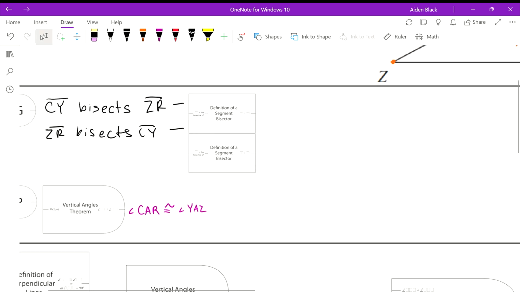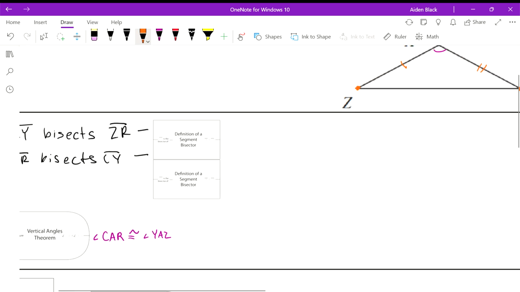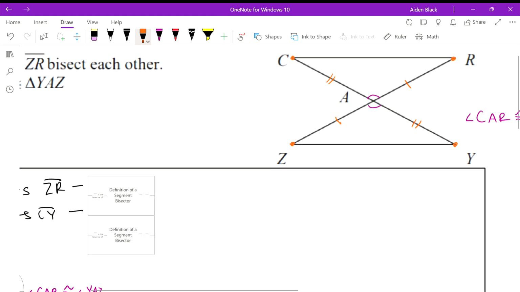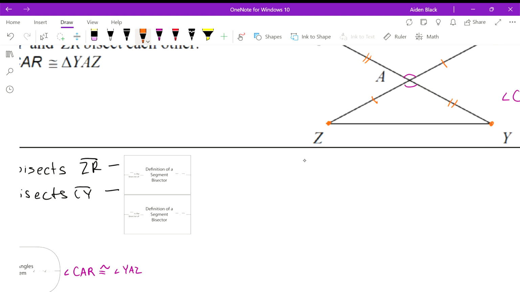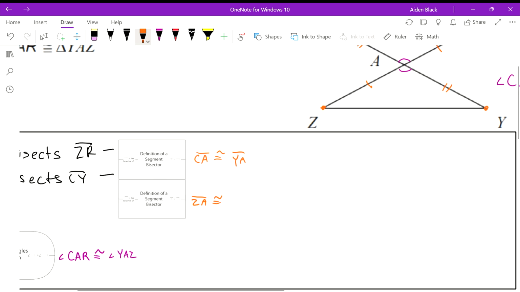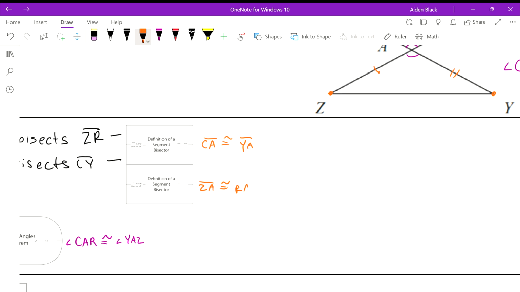Okay, so let me write these down. I didn't write them. CA. And segment CA is congruent to a side length YA. And down here we also know that ZA is congruent to RA by the definition of a segment bisector.